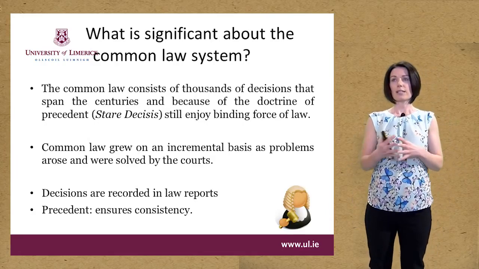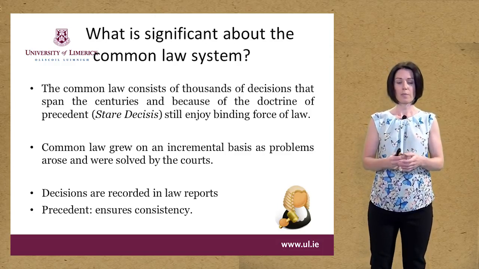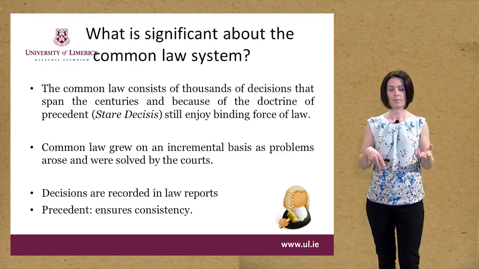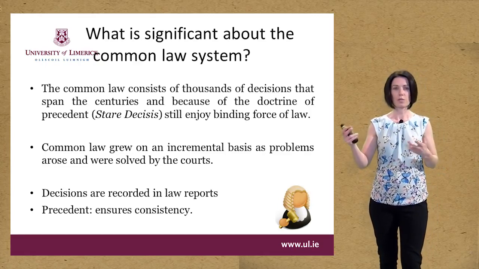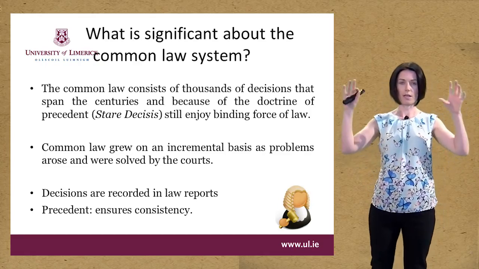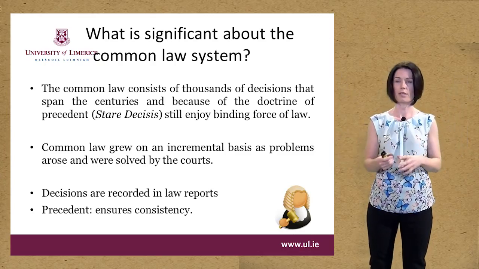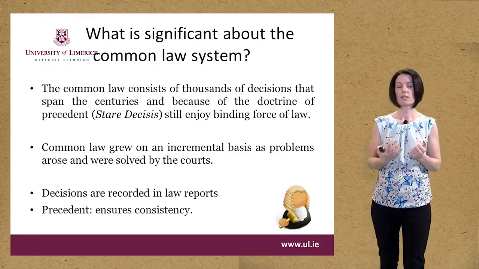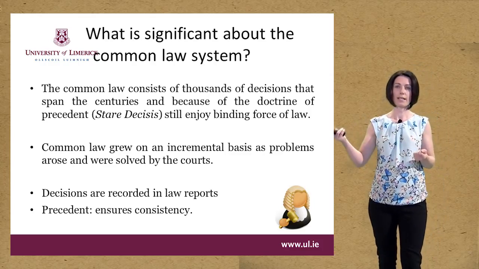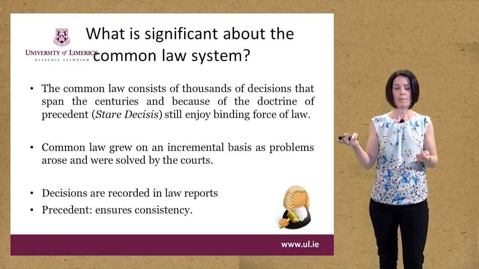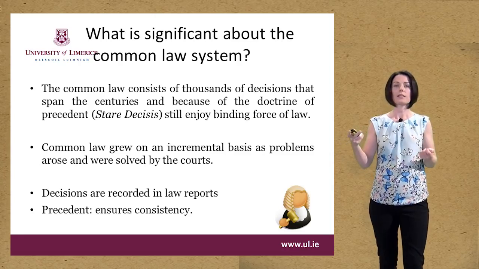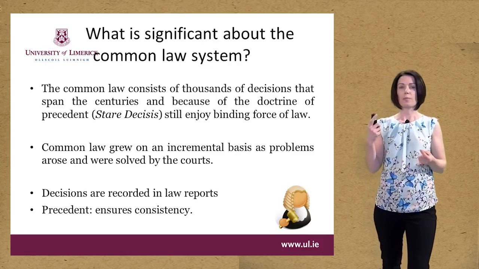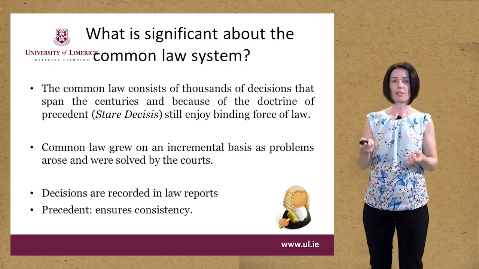So the common law basically consists of thousands of decisions which span back centuries and are based on the doctrine of precedent or stare decisis, which ensures that they enjoy the binding force of law.